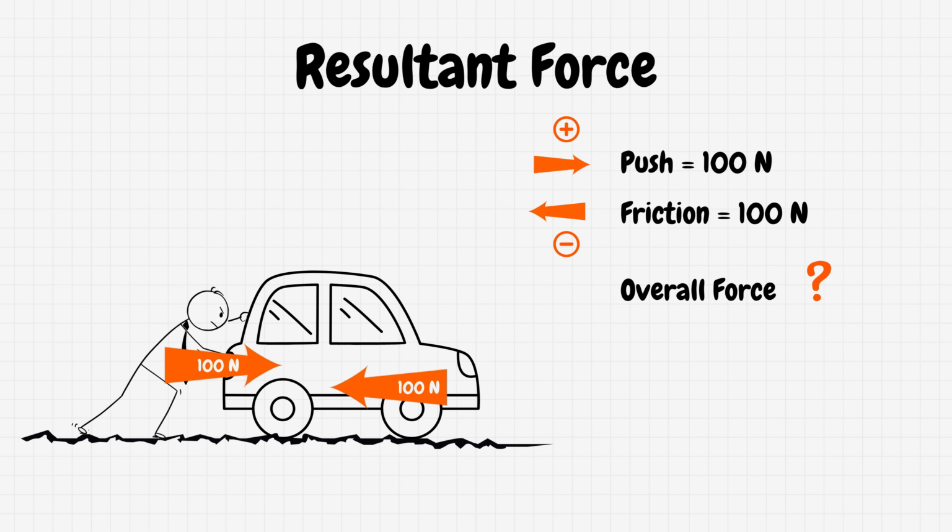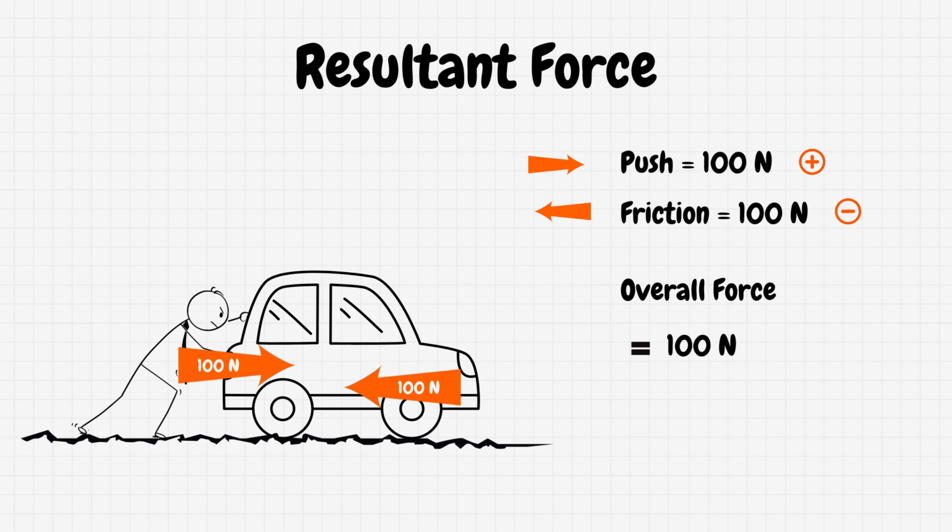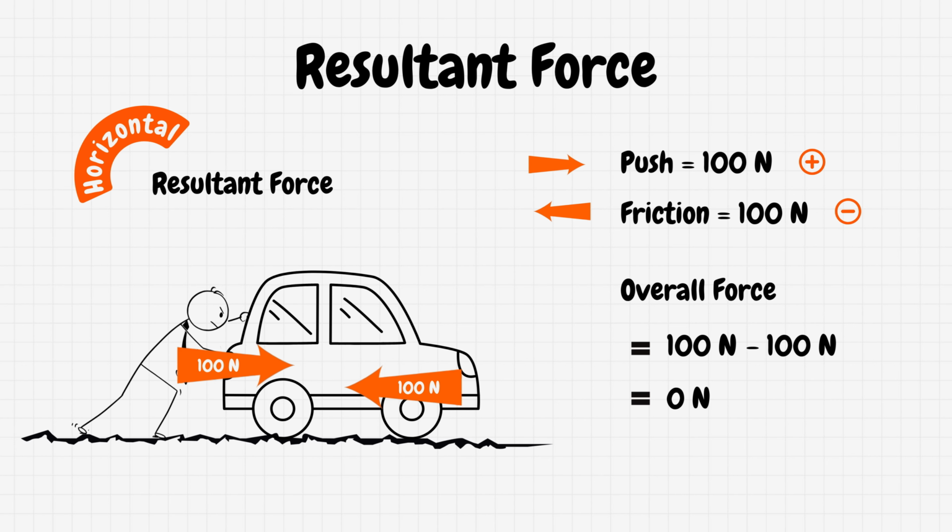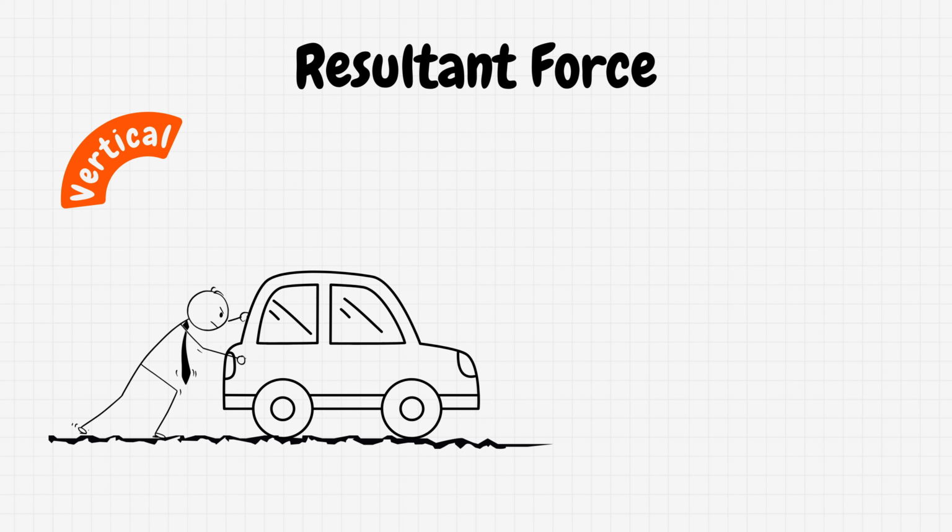So what's the overall force? Let's say push is positive and friction is negative. That becomes 100 newtons minus 100 newtons, and this is equal to 0 newton. This means that since they cancel each other out, the resultant force is equal to 0. And what happens to the car? It doesn't move.